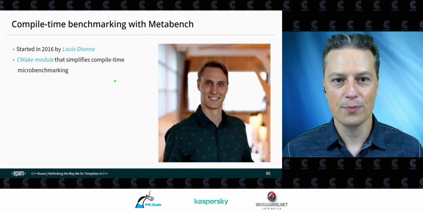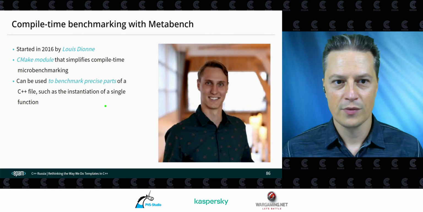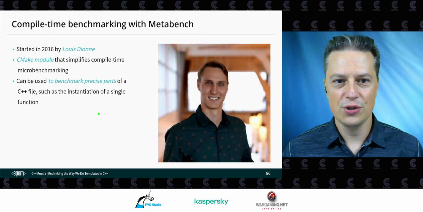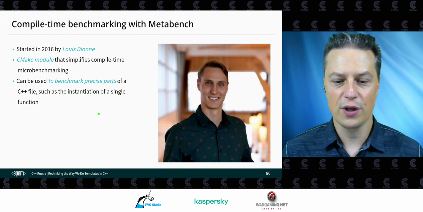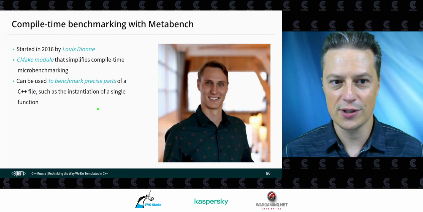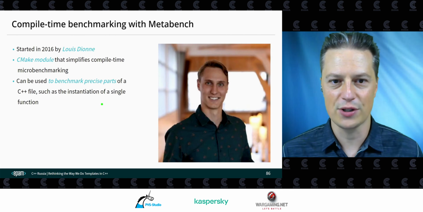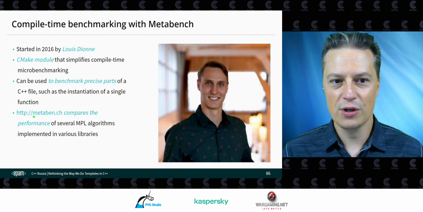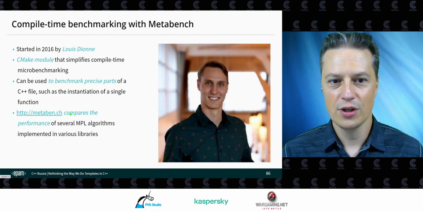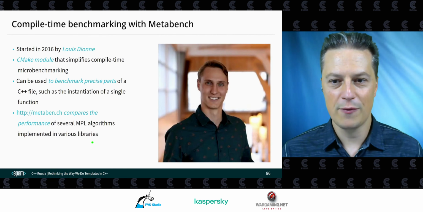Basically, it's a CMake module that simplifies compile time benchmarking, and can be used to benchmark precise parts of the code only, not only whole translation units. So it's really nice to do some micro benchmarking there for specific parts of the code. Also, there is a website called MetaBench, where you can find comparison of implementations of different MPL algorithms and their performance.